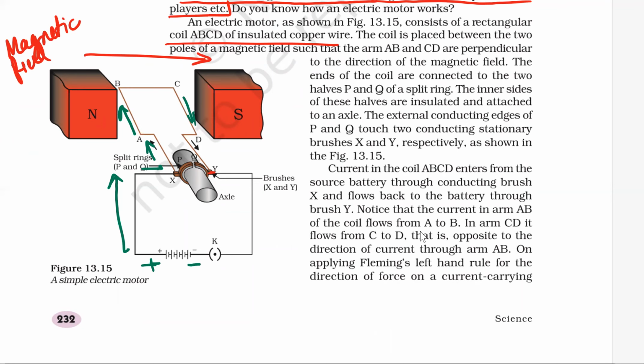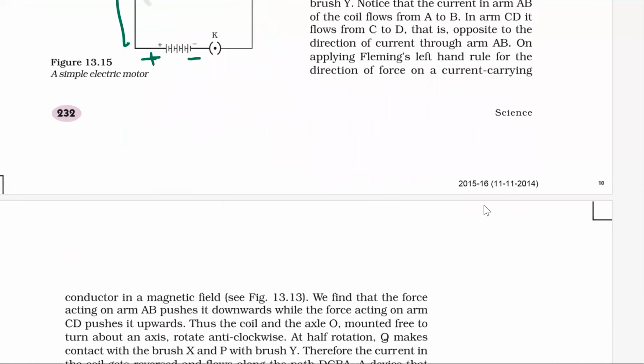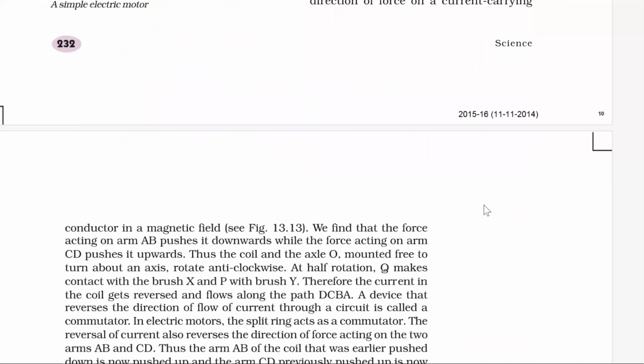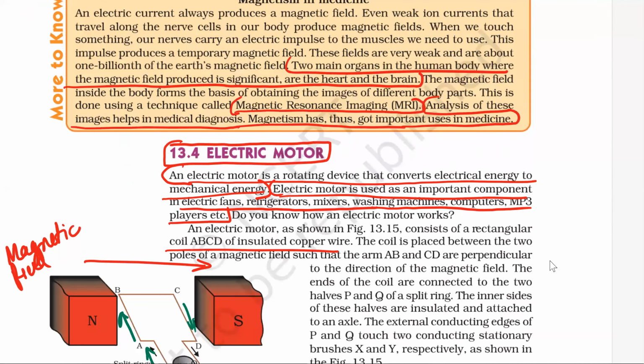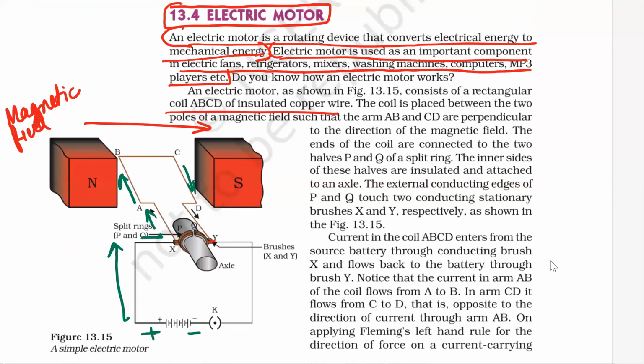So where is your thumb pointing? Thumb is pointing downward. So we find that the force acting on arm AB pushes it downward. How is current moving in arm CD? In arm CD, the direction of current is from C to D.